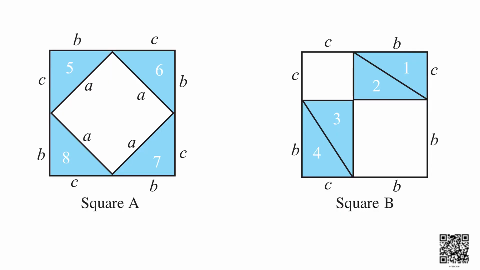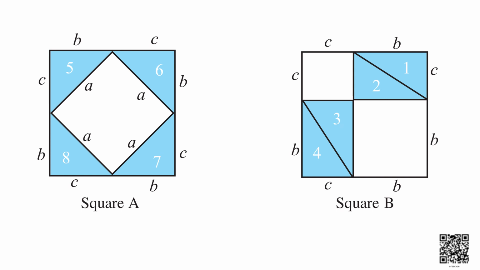Similarly, we can draw two identical squares on a sheet of paper with sides of length b plus c. So we can see that if we place 4 triangles in one square and the remaining 4 triangles in another square, the squares are identical. Hence, the 8 triangles inserted are also identical.